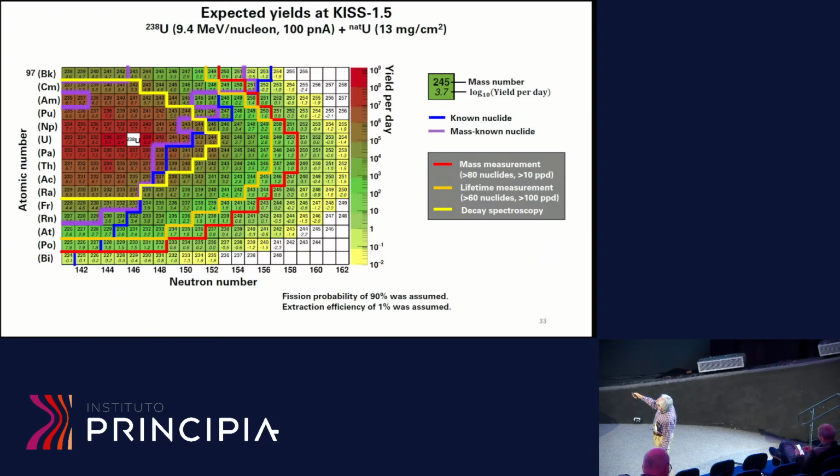The blue line and purple line indicate the boundary of the known nuclides and the mass-known nuclides so far. So we could access more than 80 neutron-rich nuclei for mass measurements, and also perform lifetime measurements and decay spectroscopy up to the orange and yellow lines.